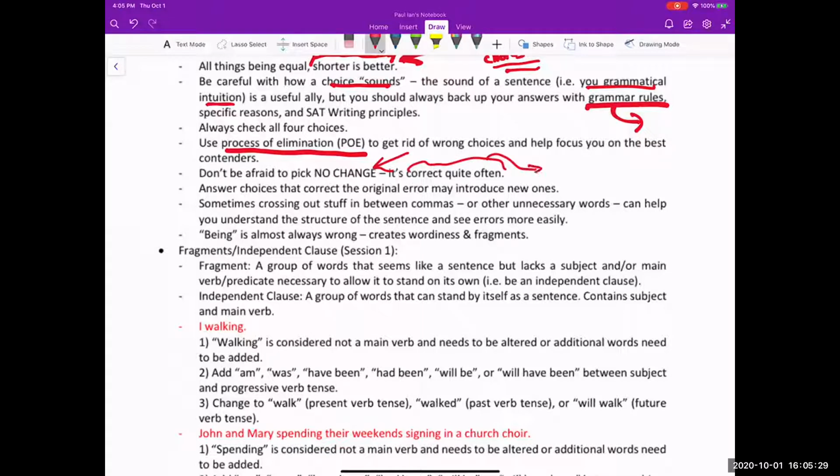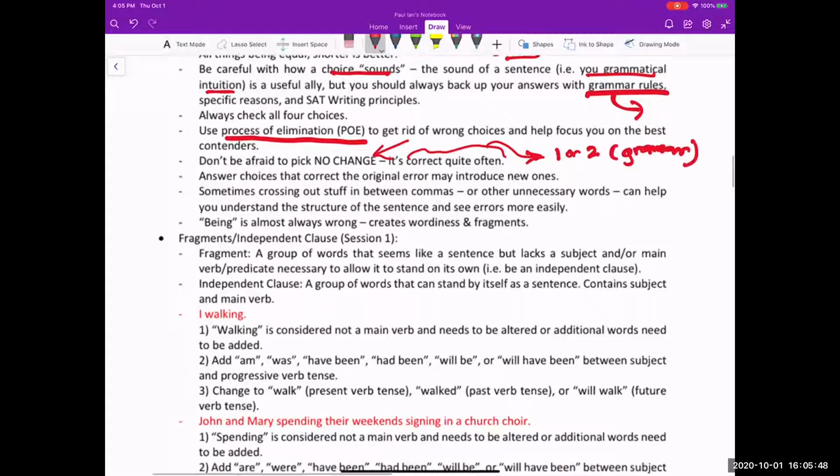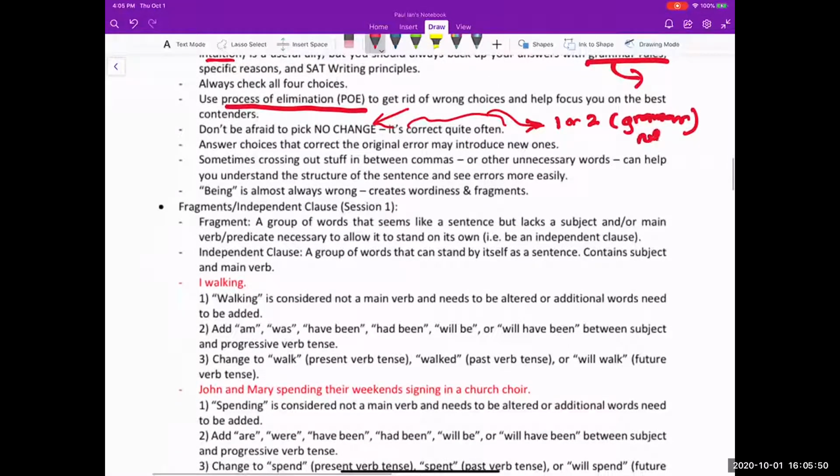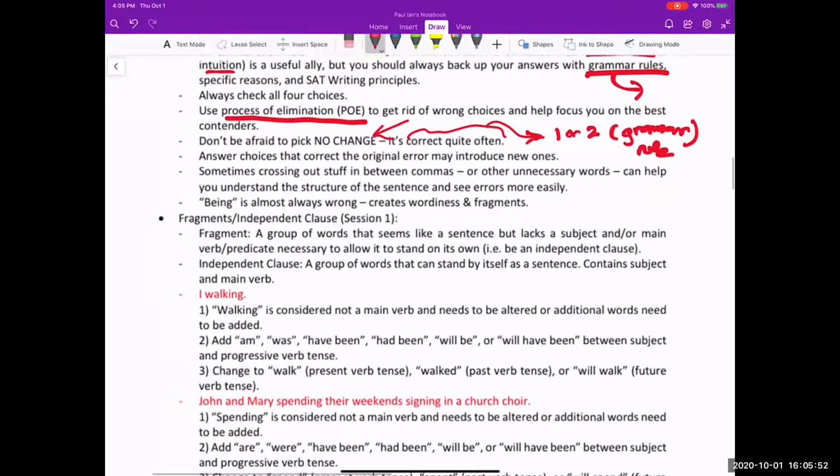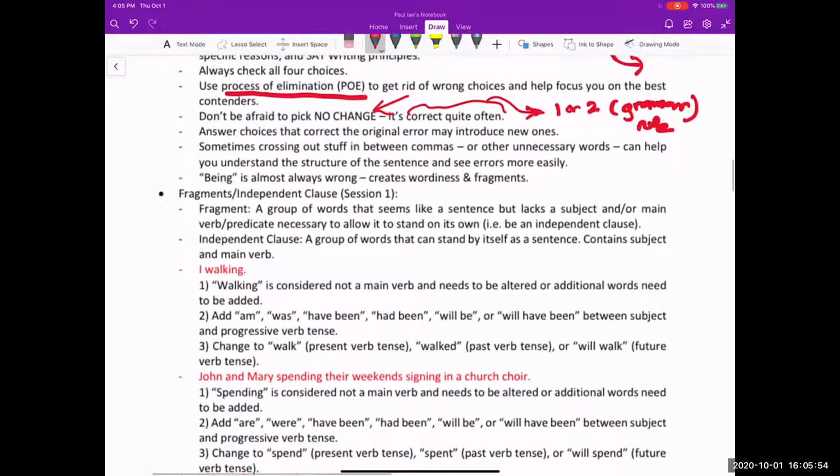That's why if it sounds correct, that's good, but can you support it? You'll probably get maybe 1 or 2 of these for each passage, but we'll go through it, and for each rule, let's try to apply if it is actually no change.